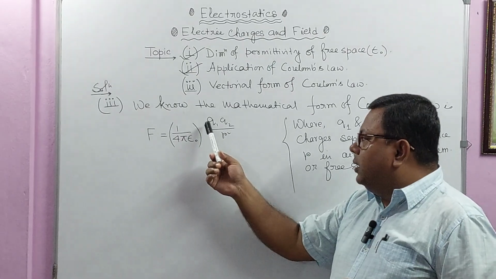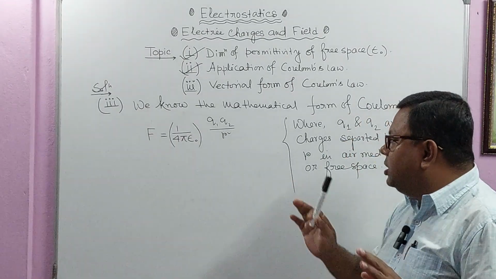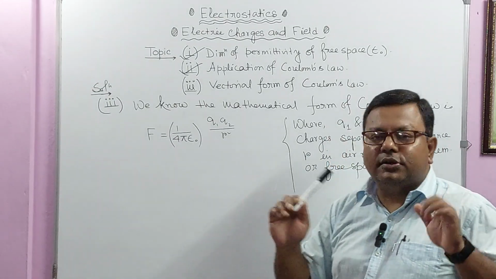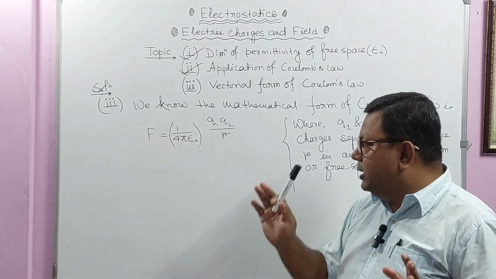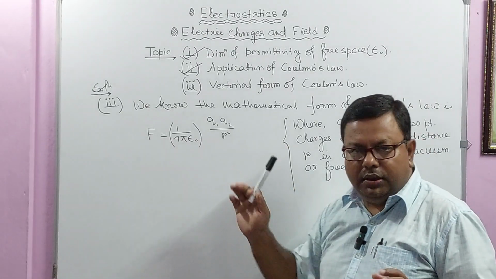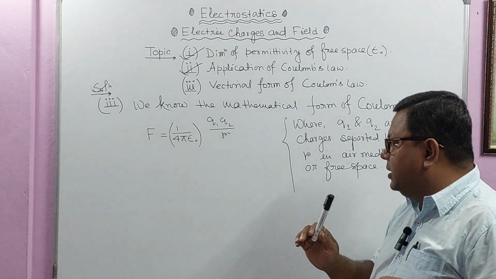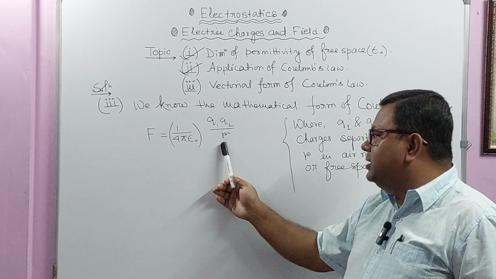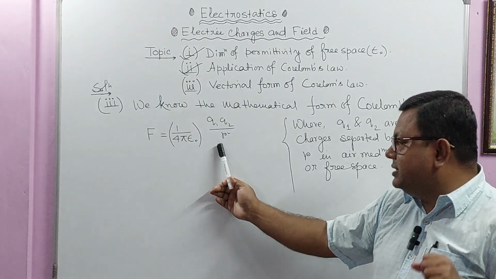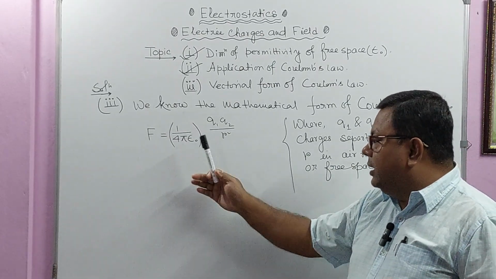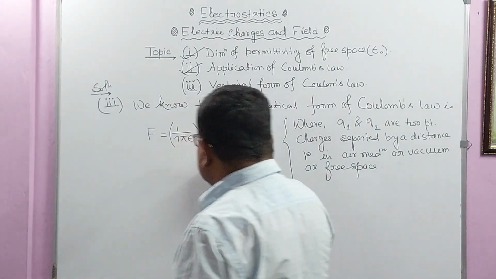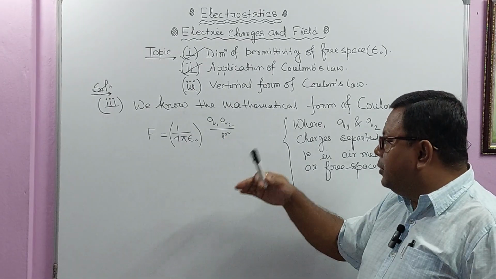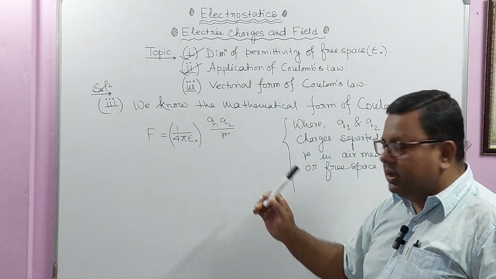Okay, here charge is a scalar quantity, we cannot convert it into a vector. 1 by 4 pi epsilon naught is also a constant, it has a dimension, undoubtedly it has a unit also, but it is a scalar quantity. Here the distance between the two charges, if we consider this as displacement, not as distance, then on the right hand side there is only one quantity which has the property to convert into a vector, which is r.